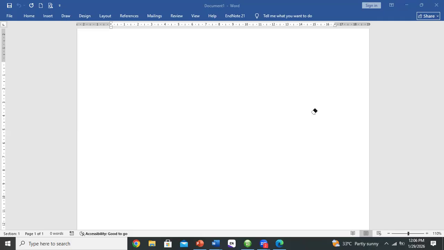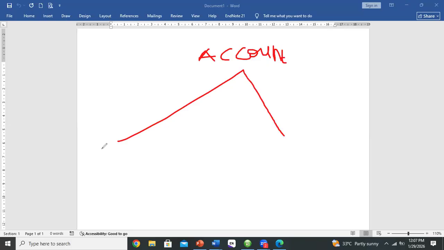Okay. So I've given you, looking at the elements of account, now looking at the types of account. I've said that we have two types of account, the personal and impersonal.